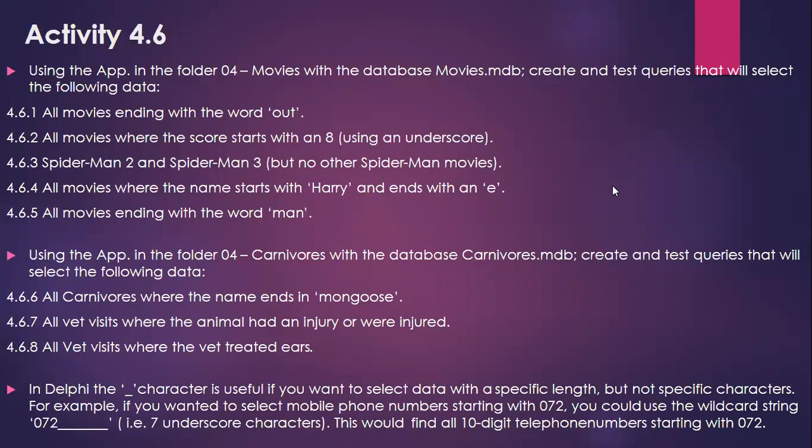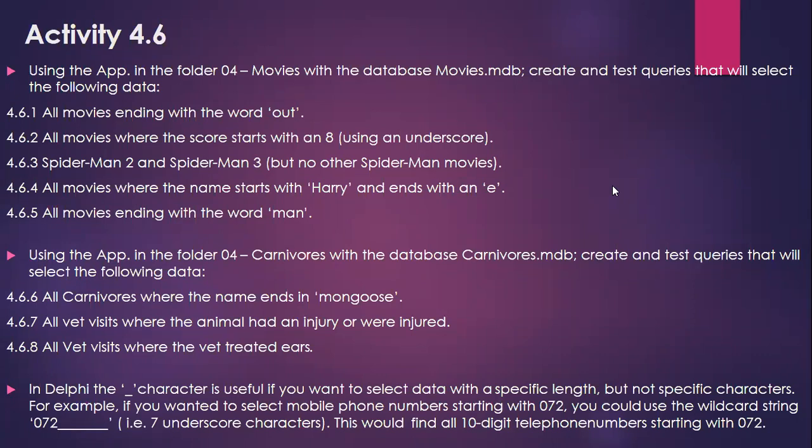Okay, so please give me 4.6.2, which says all movies where the score starts with an 8, using an underscore. So I would like to have all movies where the score starts with an 8. Who can give me the SQL statement? Okay, let's see. Tapiwa, you've said here select star from TBL movies where score like.